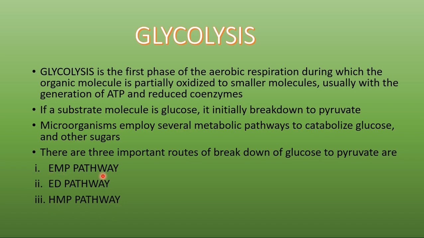In general we commonly call it glycolysis, but there is a difference. Embden-Meyerhof-Parnas pathway, then the Entner-Doudoroff pathway, which is seen only in some bacteria, then the HMP pathway, hexose monophosphate pathway. We will discuss all three routes in different parts.